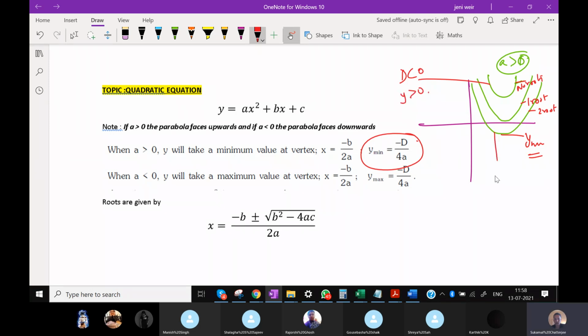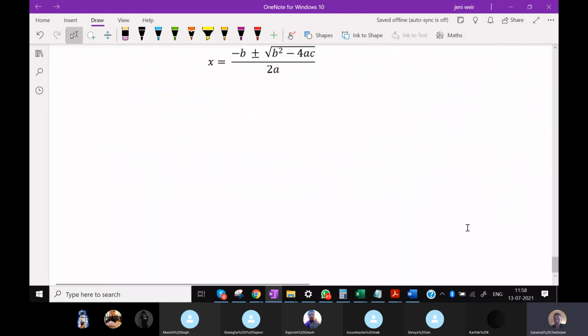And in this case, d is greater than 0, so y is less than 0, or y minimum is less than 0. So if y minimum is negative, it will be 2 roots. If y minimum is positive, then it will be no roots. So there can be a direct question like this.